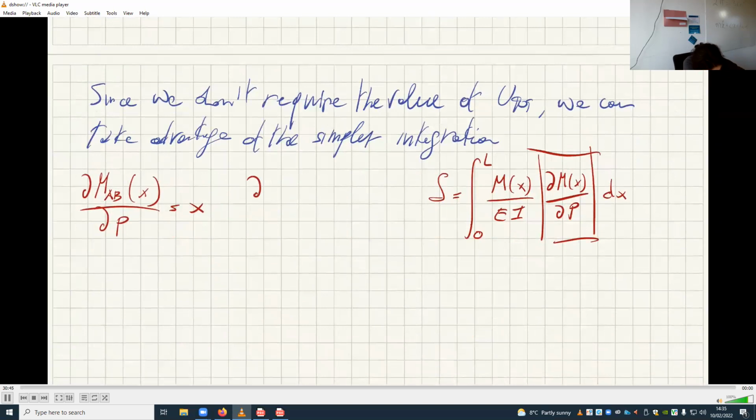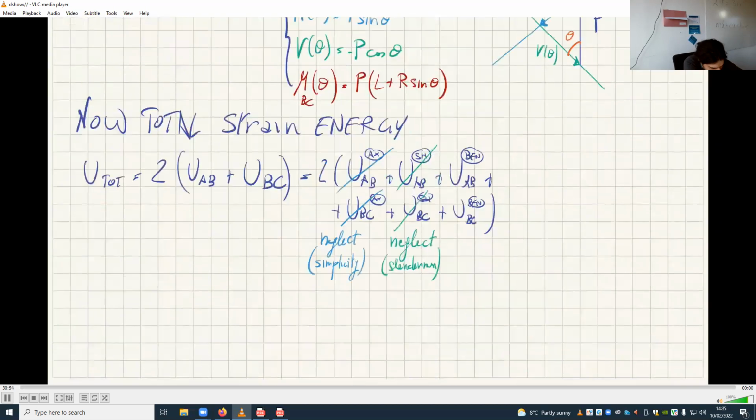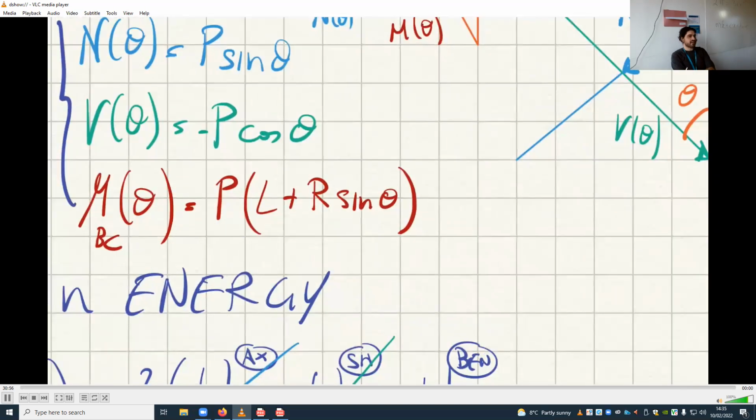The derivative of M of theta, in this case M_BC, with respect to P is, you should agree with me, L plus R sine theta. If I take the derivative of M_BC of theta, I get L plus R sine theta.